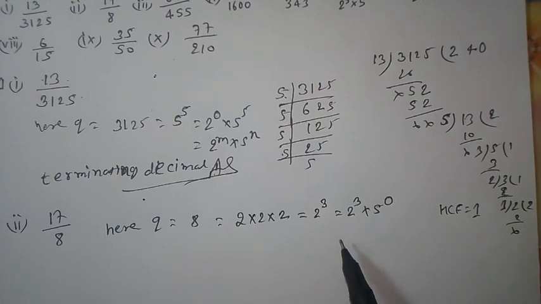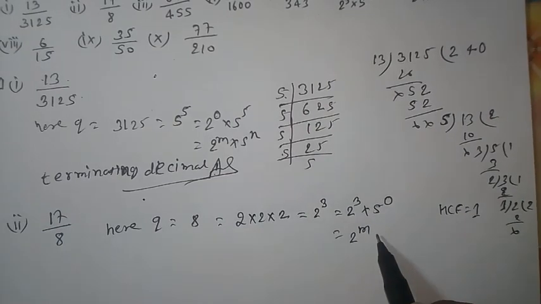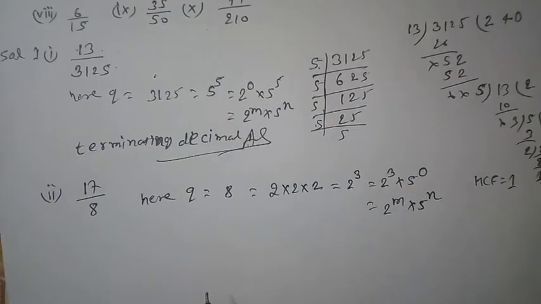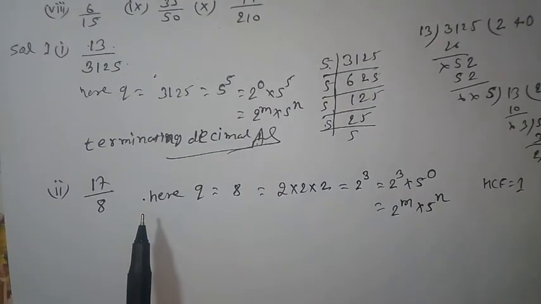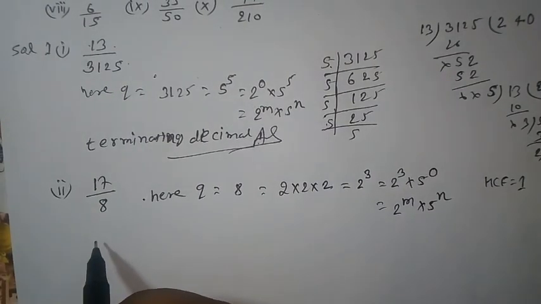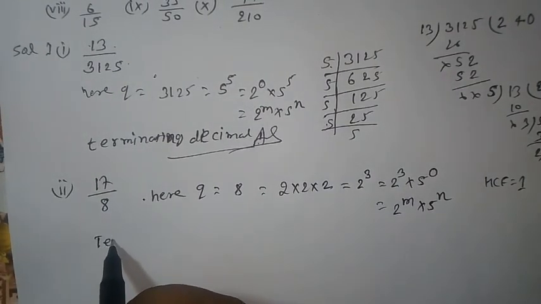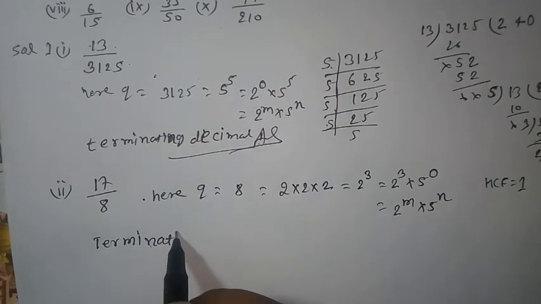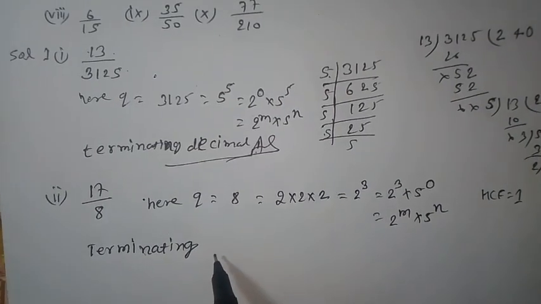Now this is the form of 2 to the power m into 5 to the power n. So the decimal expression of this number is terminating decimal.